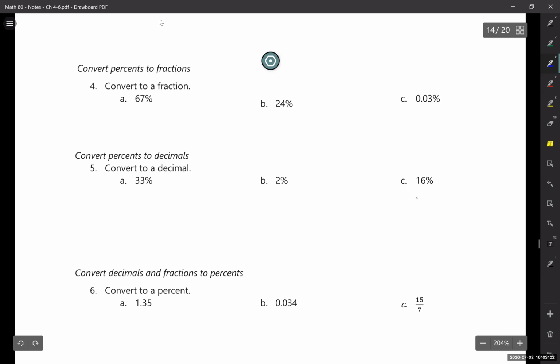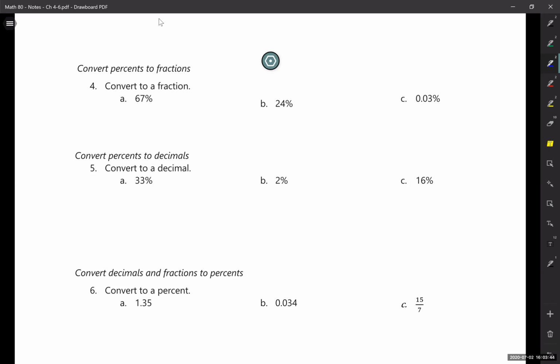Those are typically the easier problems for students to do. The 1-digit or the decimal, those are a little trickier. They aren't, but people just have a little harder time with them. But we're going to do the same thing for all of them. Okay, so first we're going to convert to a fraction. And whenever you convert to a fraction, we want to make sure to reduce that fraction.